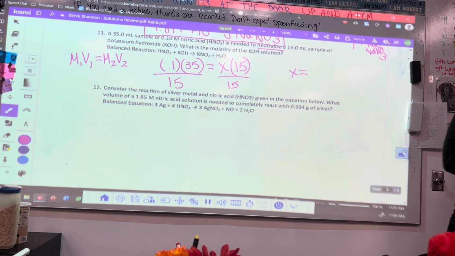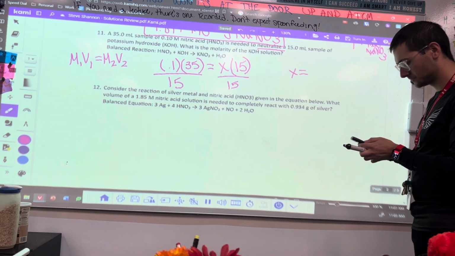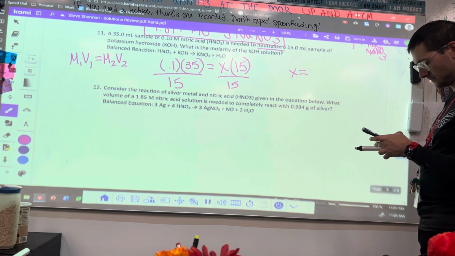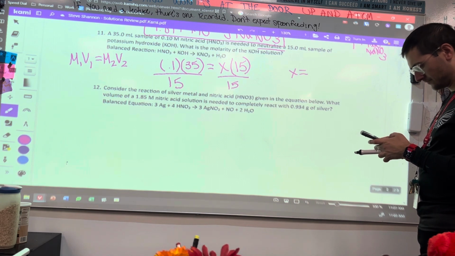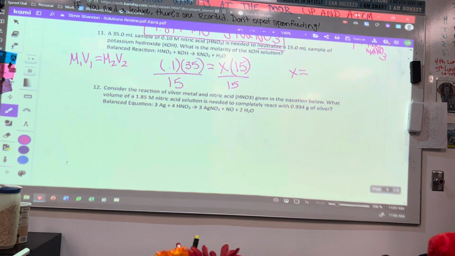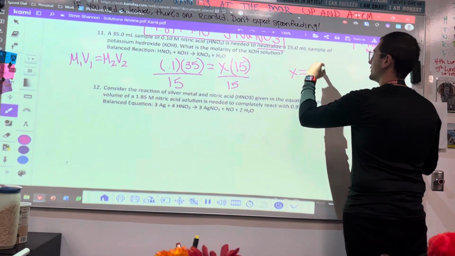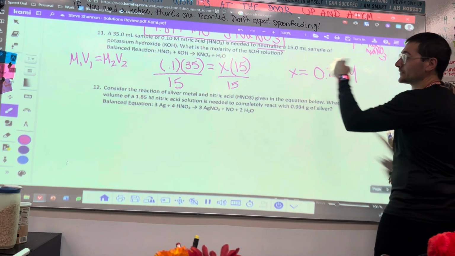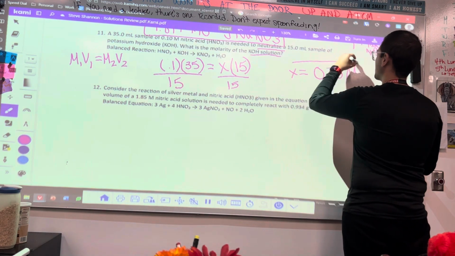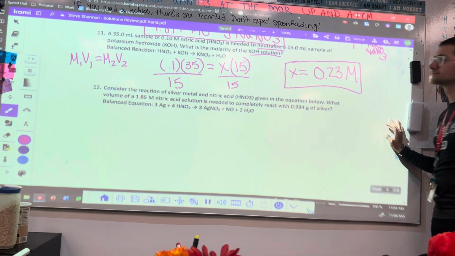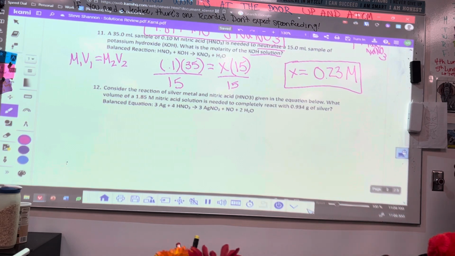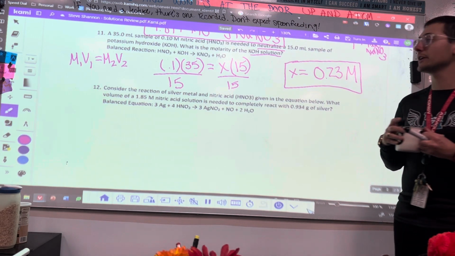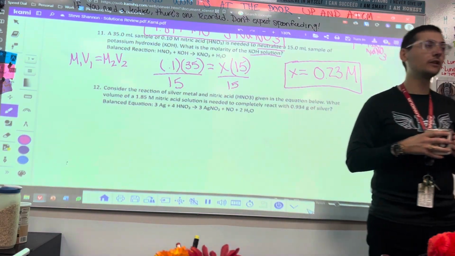Put that in my calculator here. And I get 0.2333 repeating. So I get 0.23 molar, and this is of the KOH solution. That one's not hard. It's intimidating at first, but once you understand which equation to use, you're just filling in these variables.